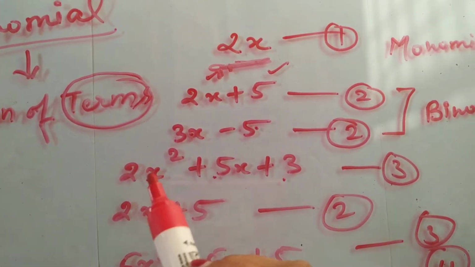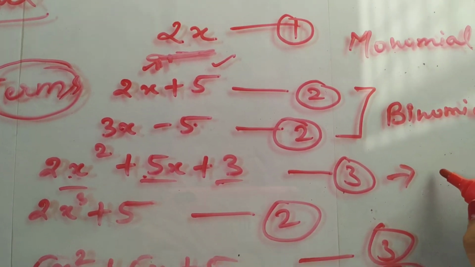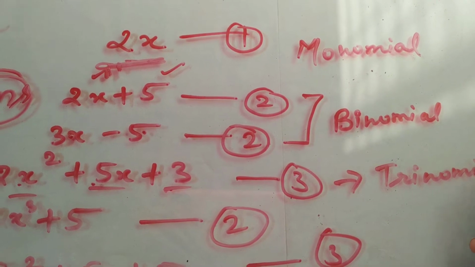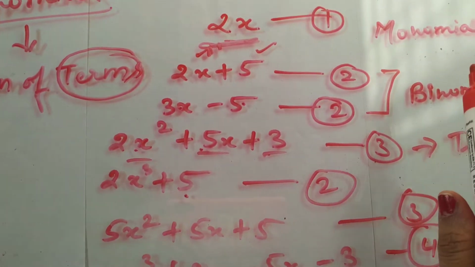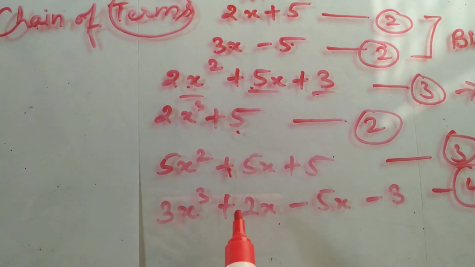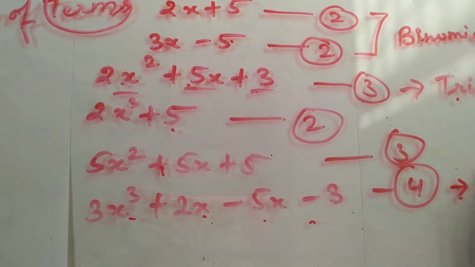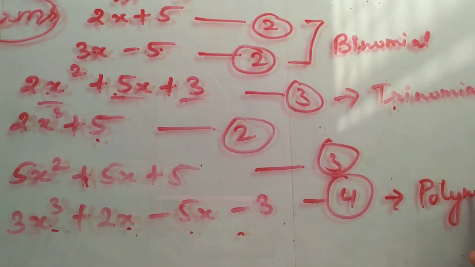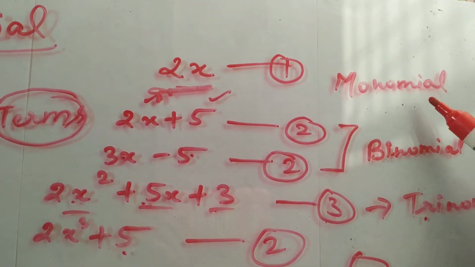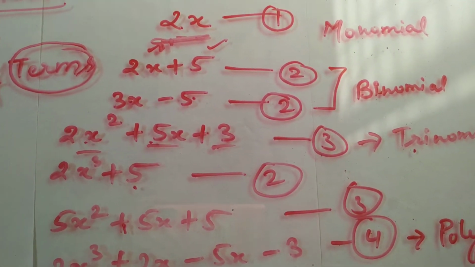Whenever a polynomial contains three terms, it is known as a trinomial. Two terms, binomial. Three terms, trinomial. Here 1, 2, 3, 4, four terms are here, so it is simply called a polynomial. That means all are polynomials: a monomial is also a polynomial, a binomial is also a polynomial, and a trinomial is also.